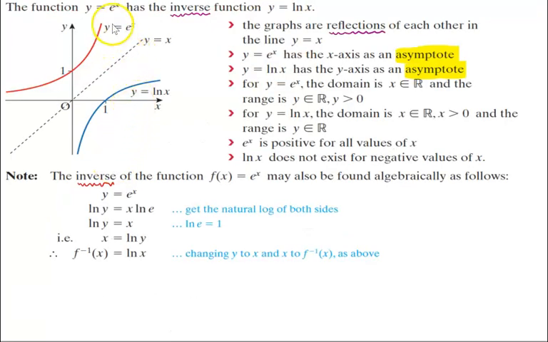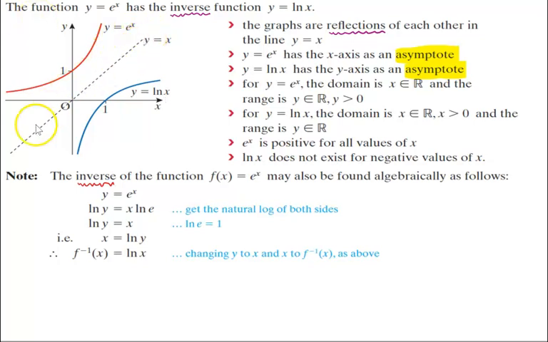So in this graph, the red curve is y is equal to e to the power of x. And the blue curve is y is equal to ln x. Remember from the previous slide that ln x is log base e of x.